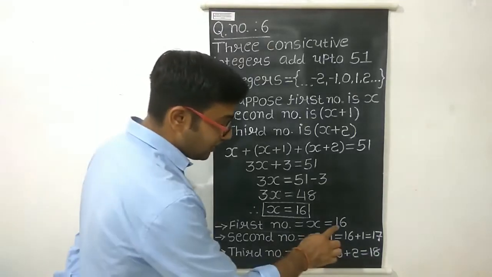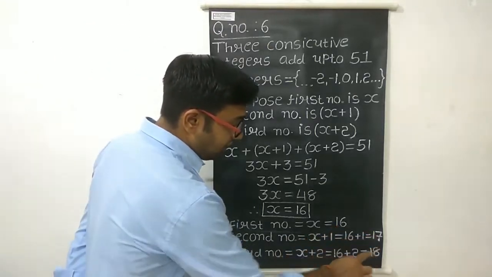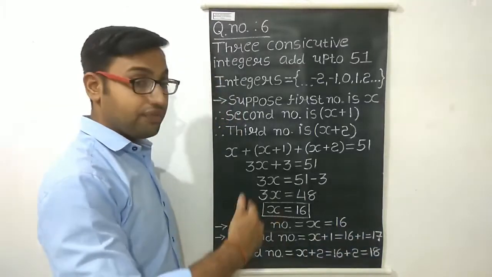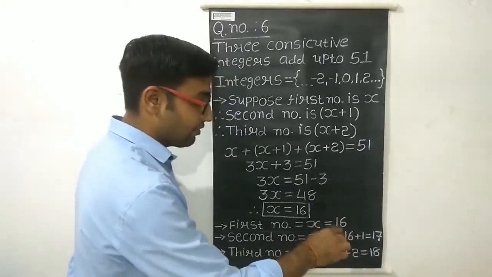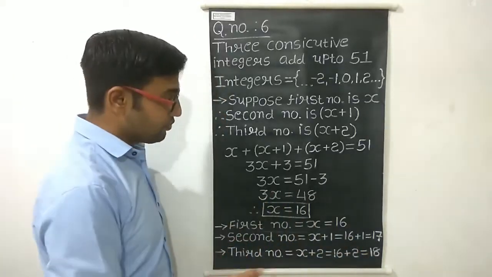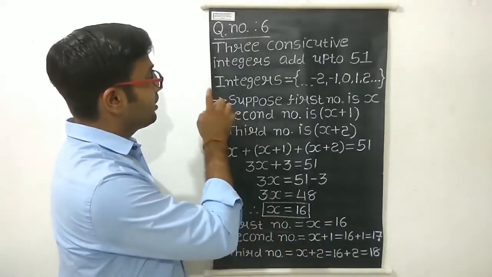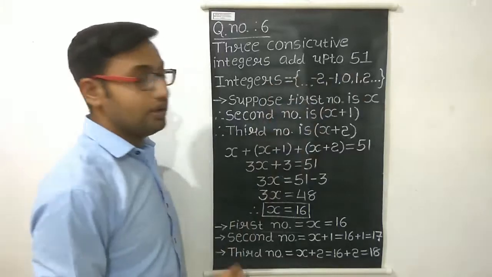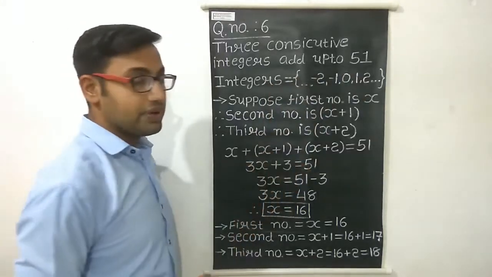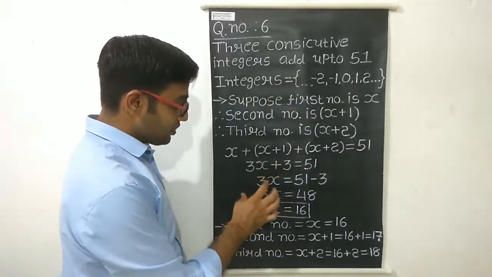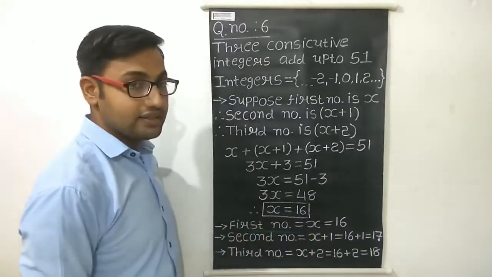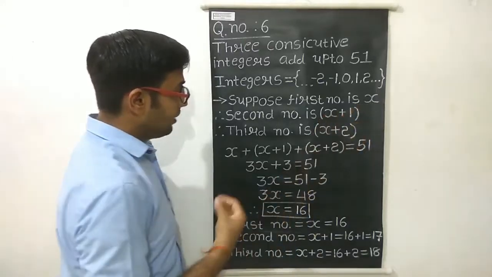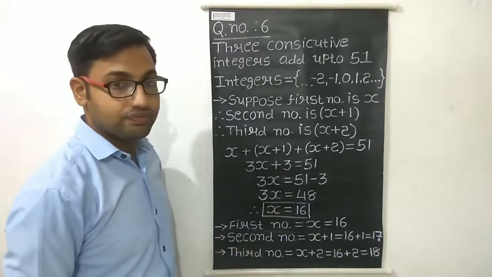So you can notice that 16, 17, 18 are consecutive numbers, one after another. In this way, we can find the consecutive numbers by taking the given situation and making the equation. By solving that equation, we find the value of variable x, and by putting the value of x in these three numbers, we get all three numbers, right?